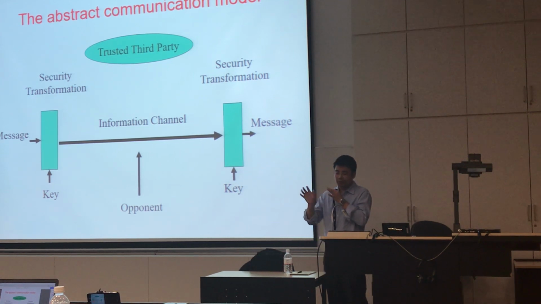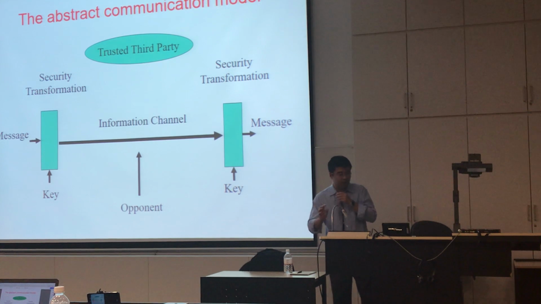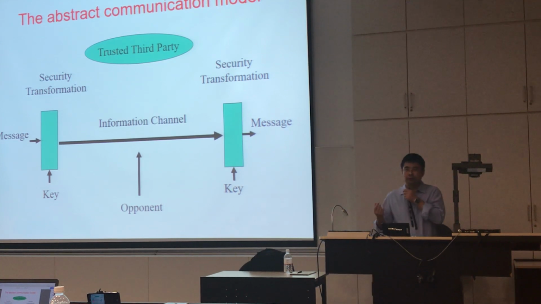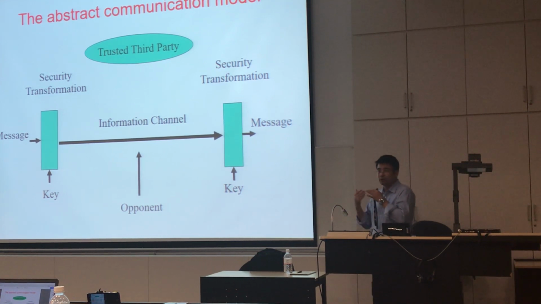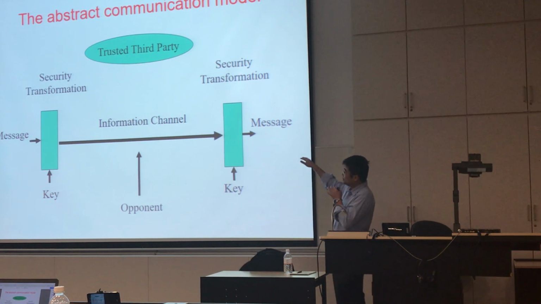That means we do some processing on the information. For example, a simple example is encryption. You don't want other people to learn the content, so before you deliver the message, you encrypt it, using encryption like AES, triple DES, or RC4. Then you deliver the message through this public channel.